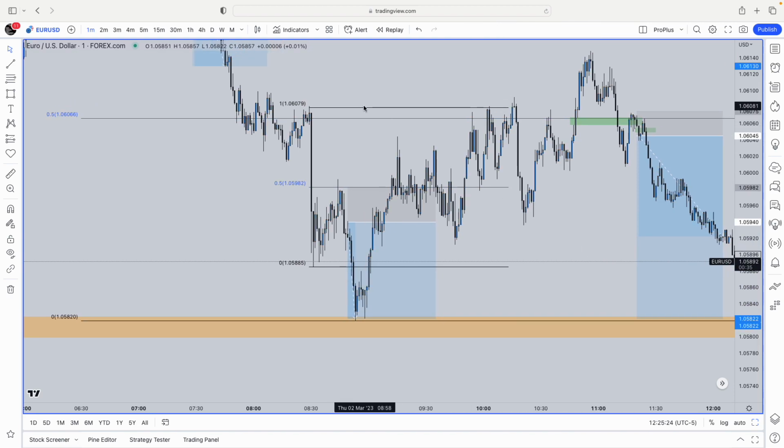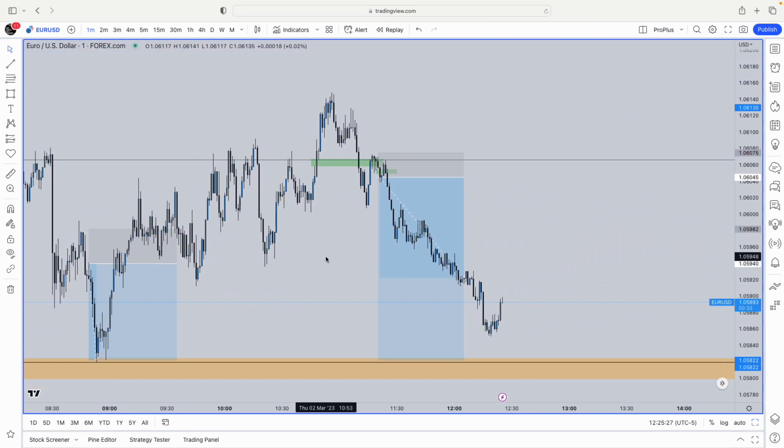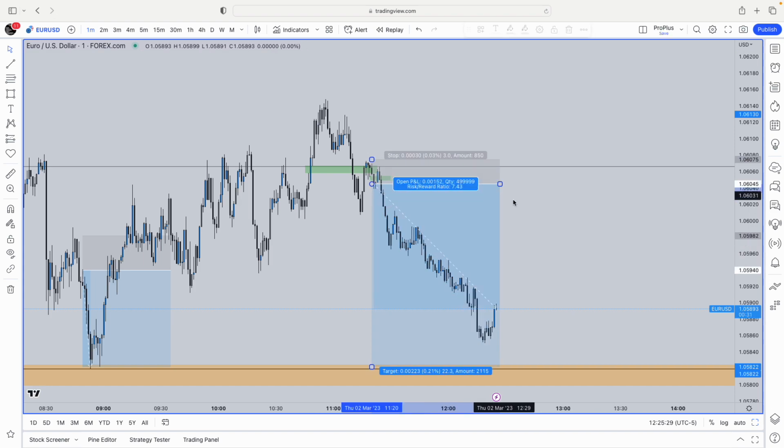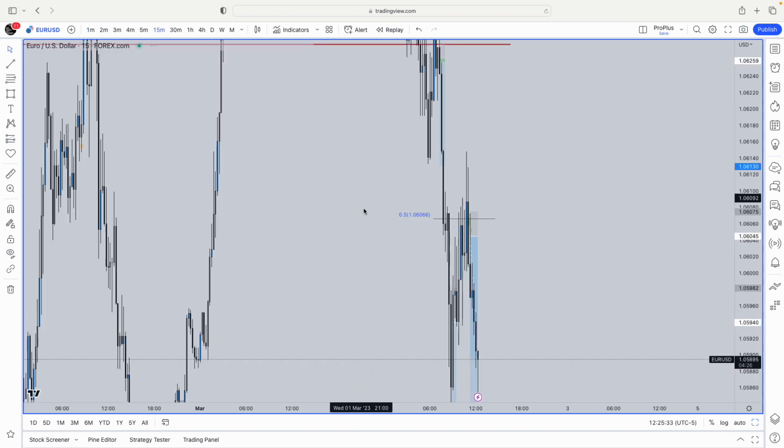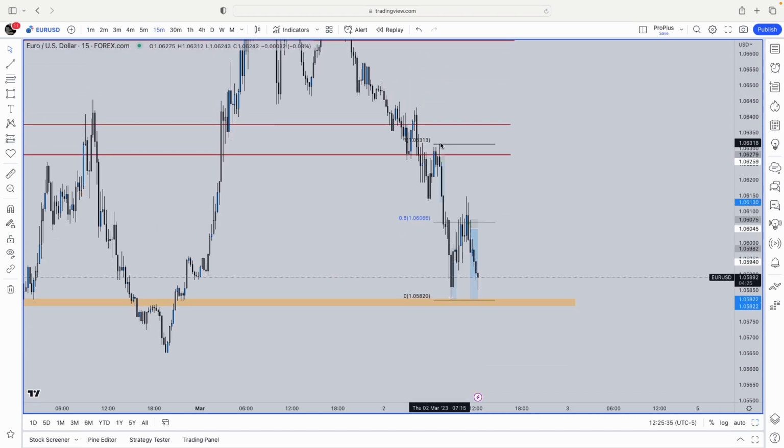And then this is after the kill zone, but I spotted this one as well. So price pushes up back into, if we draw from the top of here to the low, back into the equilibrium or premium.